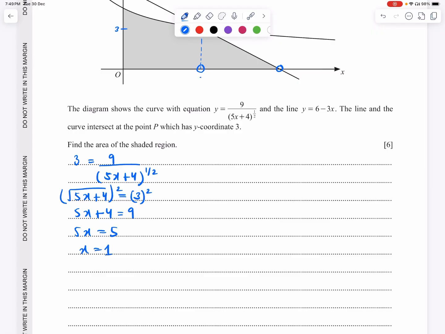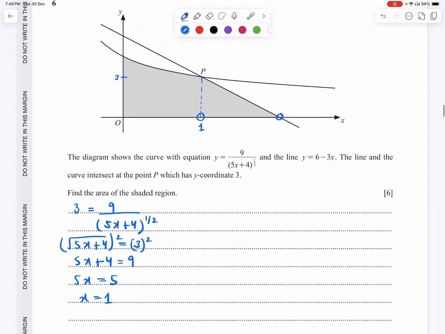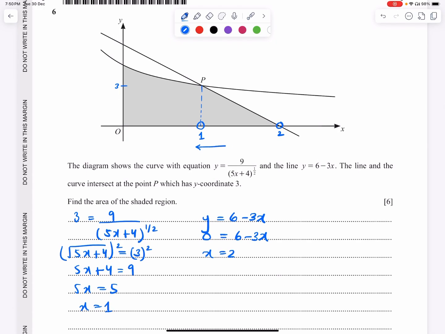So I know that this is 1. In order to figure this out, I'm going to use the equation of the line and put y is equal to 0. And that's going to give me x as 2. So I know this is 2. Therefore, I can say that the base of the triangle is 1 unit and the height of the triangle is 3 units.